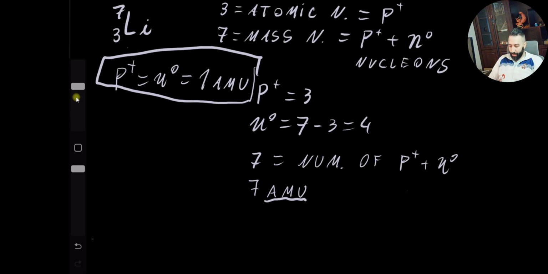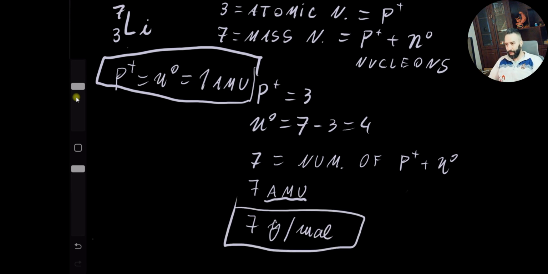There is a third meaning to this, which is 7 grams per mole. We will discuss this one in more detail later, but obviously we see here grams, this is G. One atom obviously cannot weigh 7 grams, but 1 mole can.